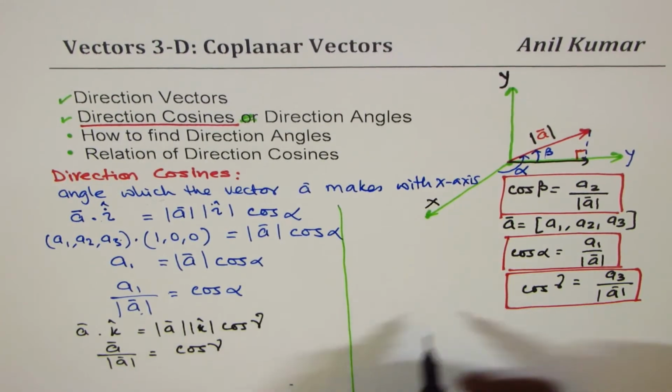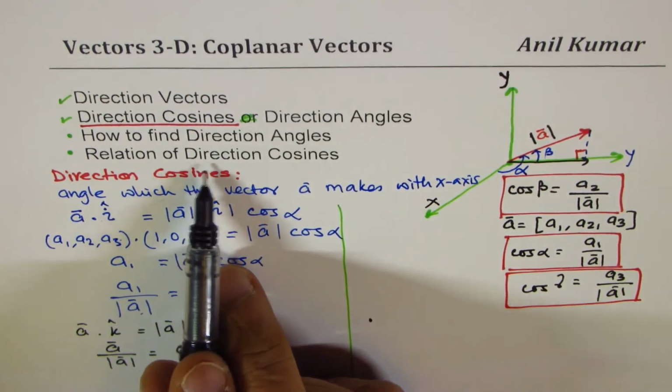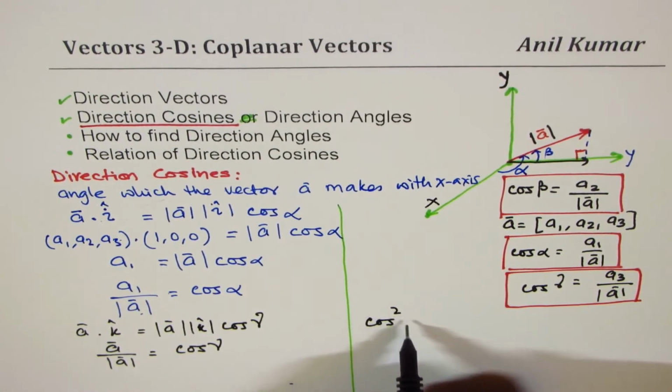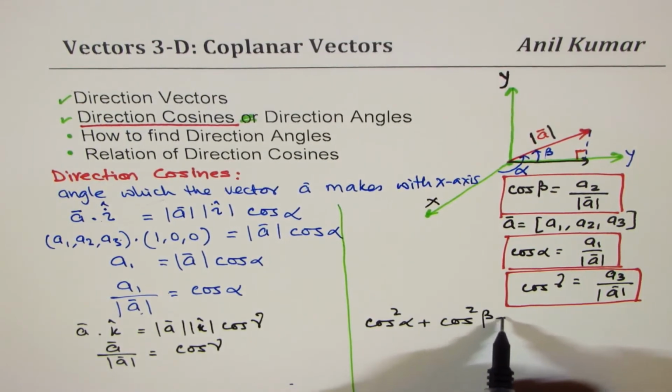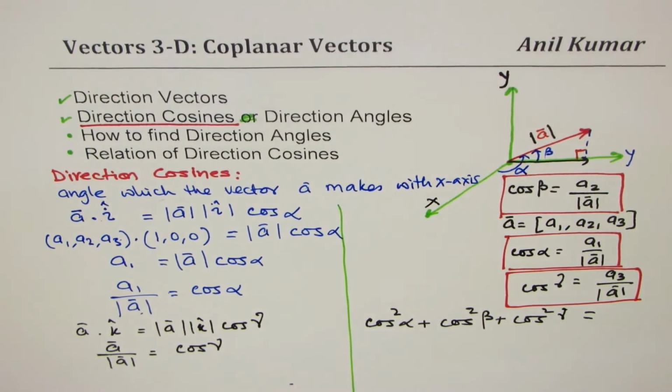Now, what you can also check here is how these direction cosines are related. Let's do that. That is cos square alpha plus cos square beta plus cos square gamma is equal to what?